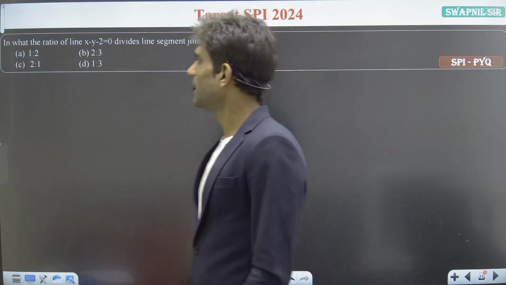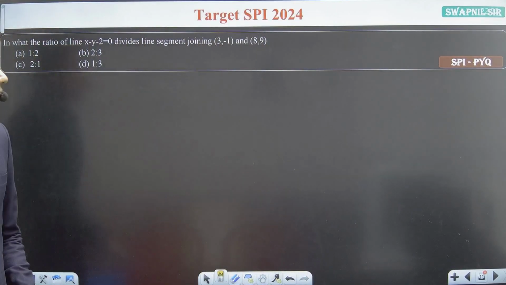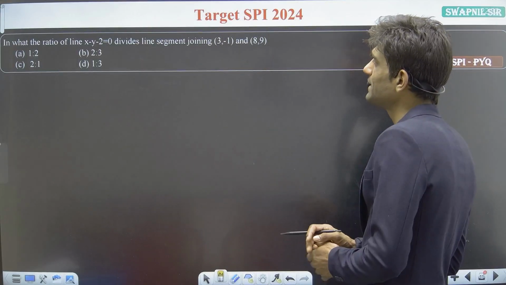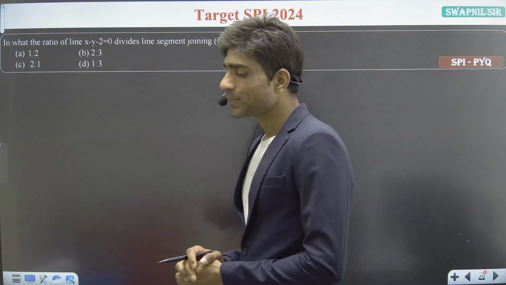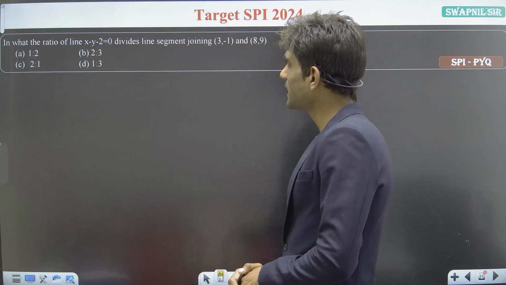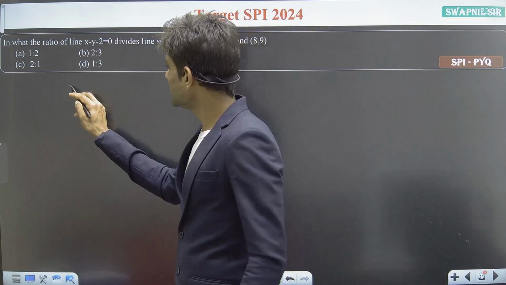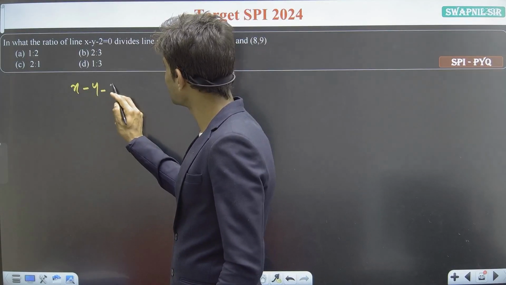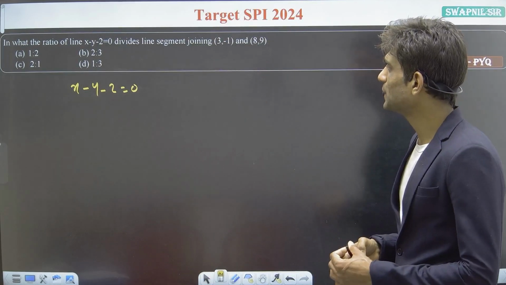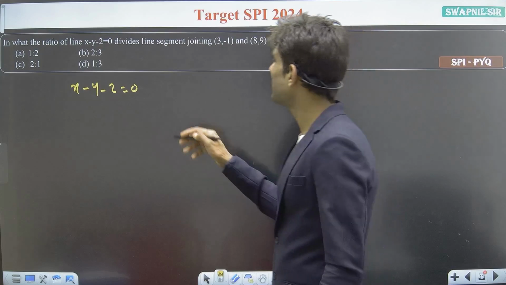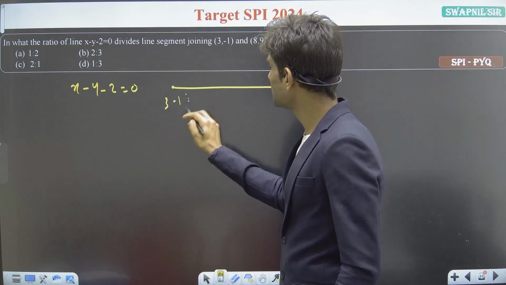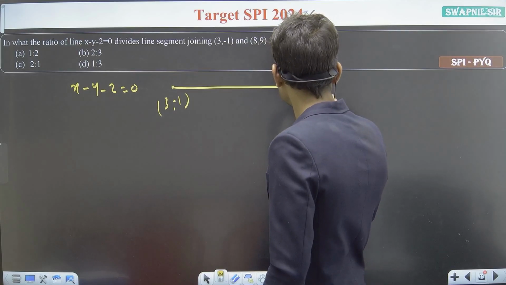In our next example, we are given: in what ratio does the line x minus y minus 2 equal to 0 divide the line segment joining (3, minus 1) and (8, 9)? So we have the line x minus y minus 2 equal to 0, and the line segment joining the 2 points (3, minus 1) and (8, 9).